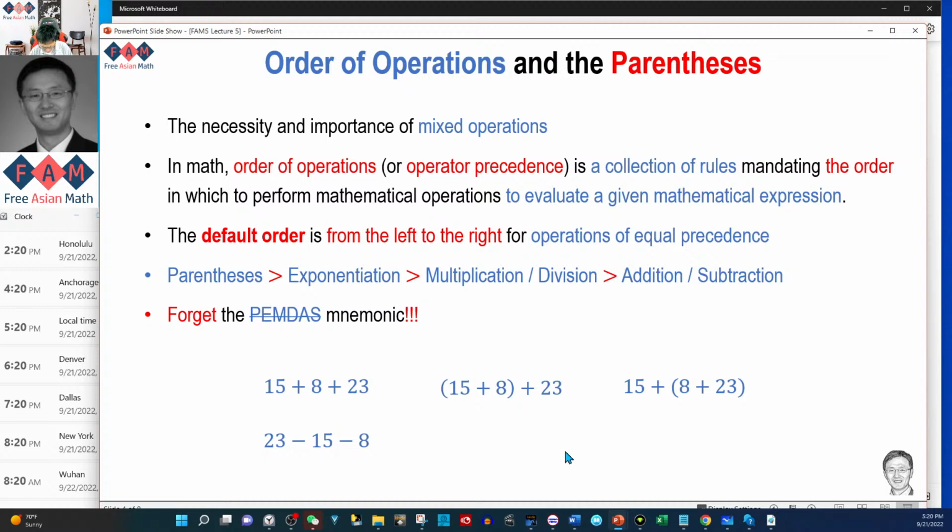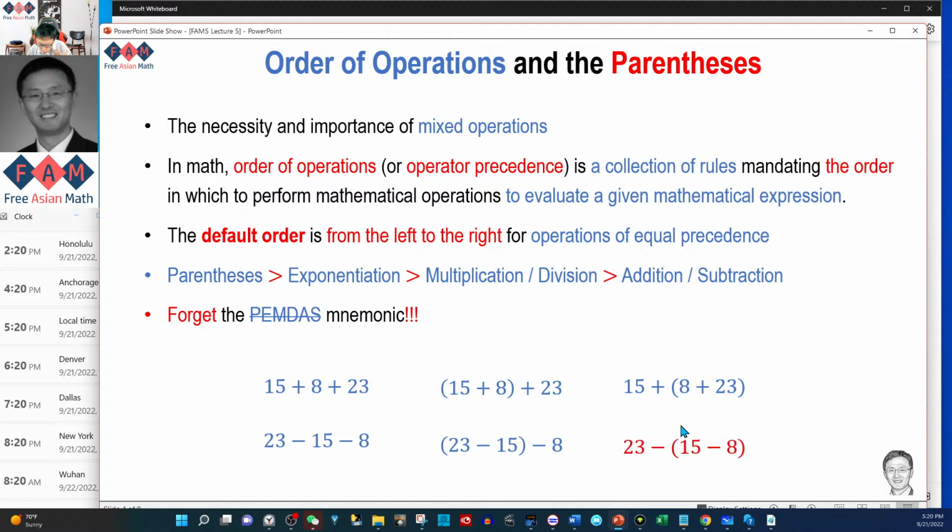Okay, so just as in the addition case, if we group the first one, put the 23 minus 15 into parentheses, we achieve nothing because that's already the default rule anyway. But this does give us a visual reminder we want to do this first, which sometimes can be very helpful.